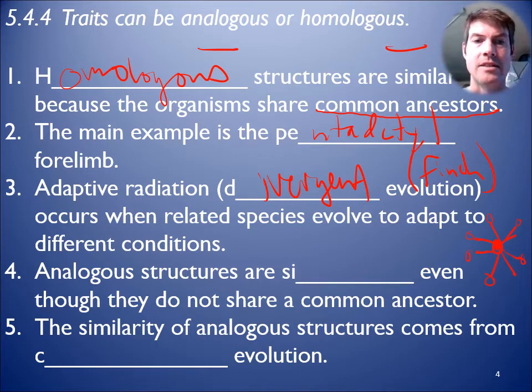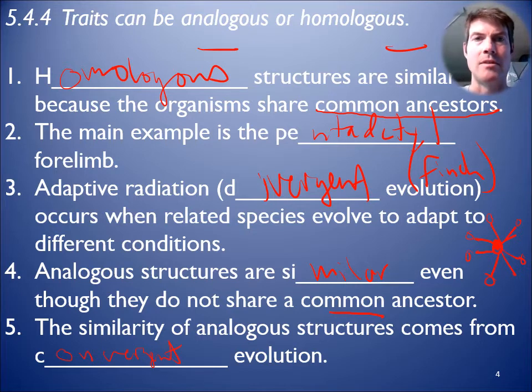And this idea of analogous, they're similar even if they don't share a common ancestor. And that's something different called convergent. So a good way to think about this is the wing. You think, insects and birds, they're groups of organisms that have wings, and in a lot of ways, wings are very similar in shape. That doesn't mean they share a common ancestor. They're not closely related.